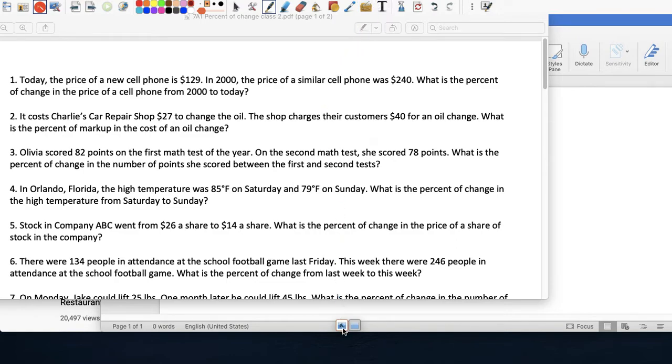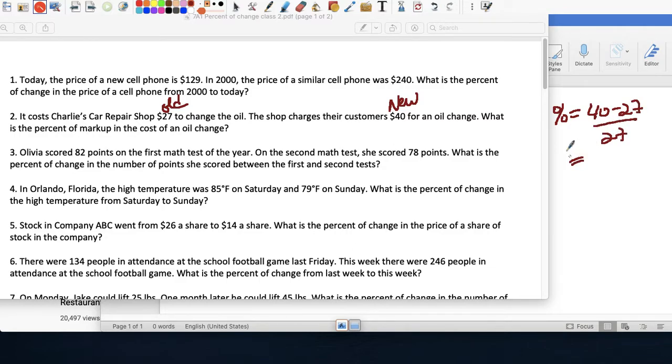2. It costs Charlie's repair shop $27 to change the oil. And they charge $40 for the customer. So they buy the oil for $27, and then they charge the customer $40. What is the percent of markup? So this is the new, and this is the old. So it's going to be 40 minus 27 over 27.